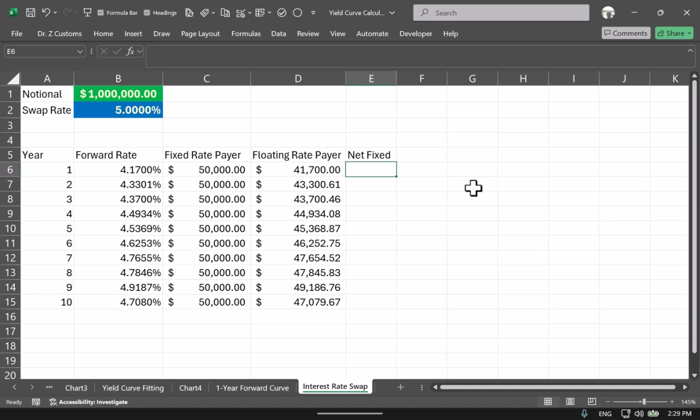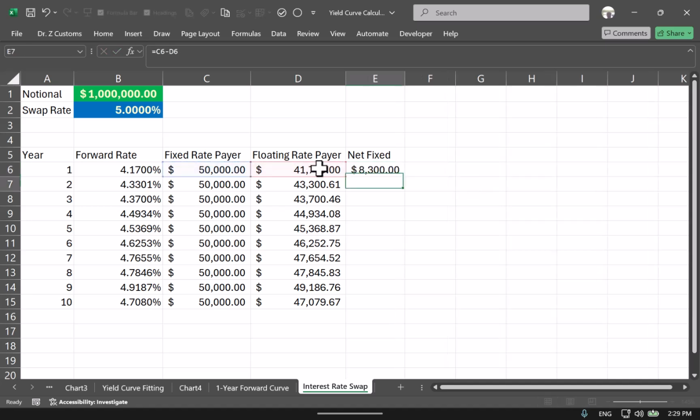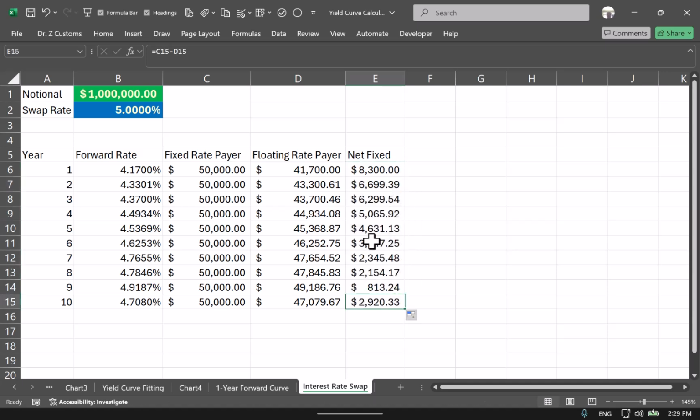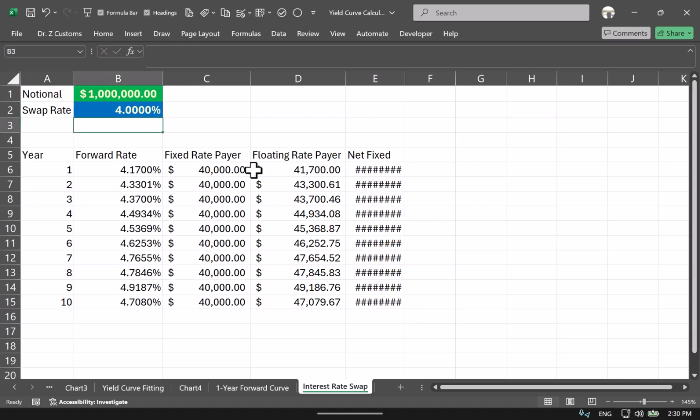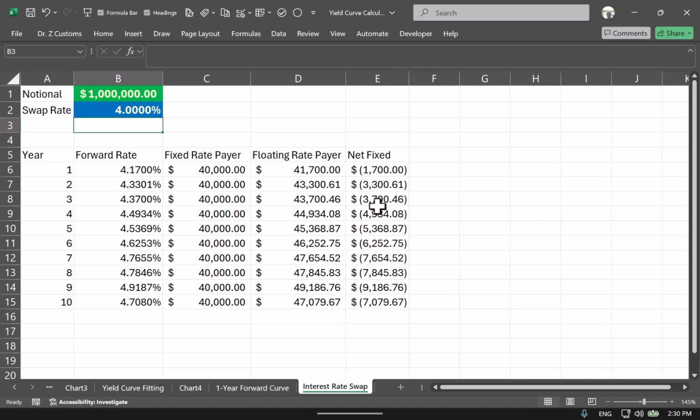So fixed rate payer minus floating rate payer. I mean, they're all positive, but because this thing is too high, let's make it 4. Anyway, that's the net fixed. Okay.